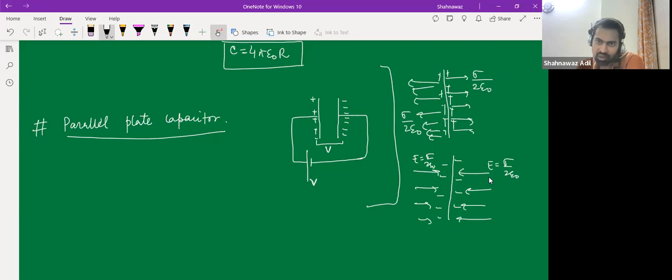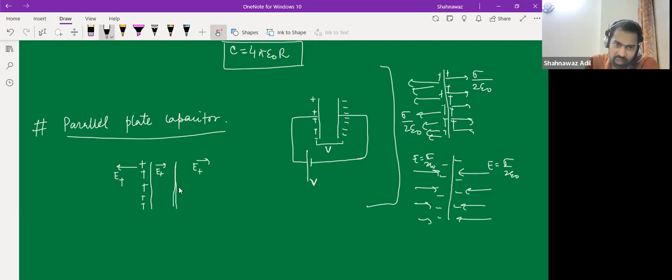Yes. So for the case of the parallel plate capacitor, the electric field of the plus plate would be E plus, in this direction in this region, and in this region also E plus in this direction.